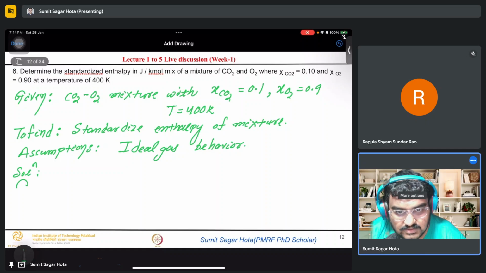If the temperature is high, that is greater than 298 Kelvin, then there will be a sensible enthalpy; otherwise only the enthalpy of formation of that particular species will be taken into consideration.